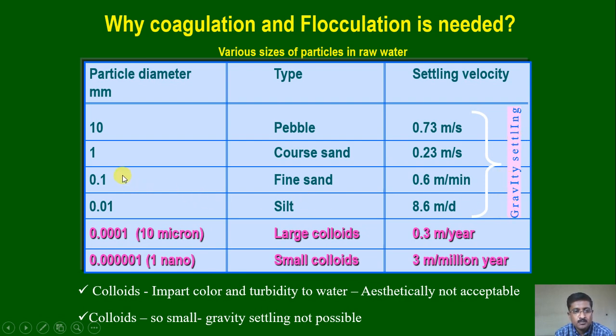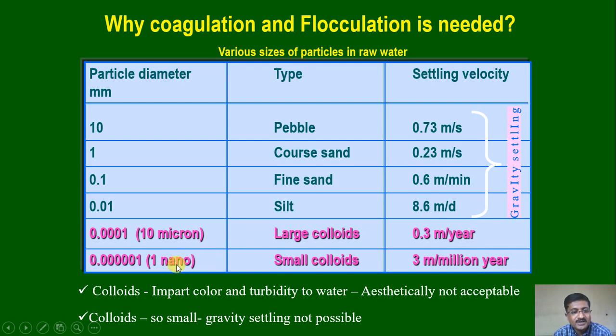Then a 0.1 mm size particle, which is a fine sand, settles at 0.6 meter per minute. Then 0.01 mm size, a silt, settles at 8.6 meter per day. But a 10 micron particle, a large colloid, settles at 0.3 meter per year.